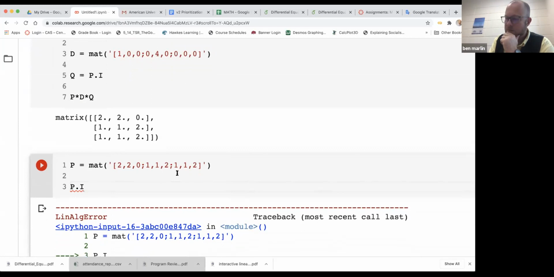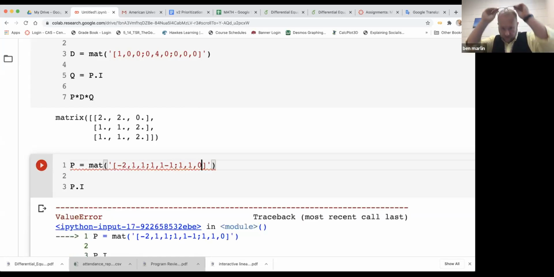But that's the A. Ah, come on, dude. You're just a goof. That was supposed to be -2, 1, 1. This is probably what I had input earlier. 1, 1, -1, and then 1, 1, 0, 0. Okay. And it's saying that that is a singular matrix.